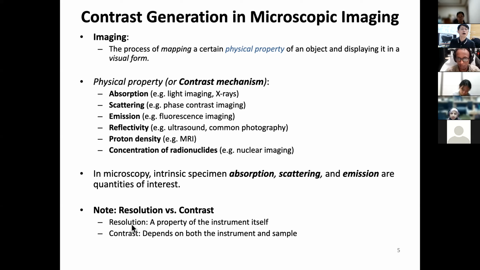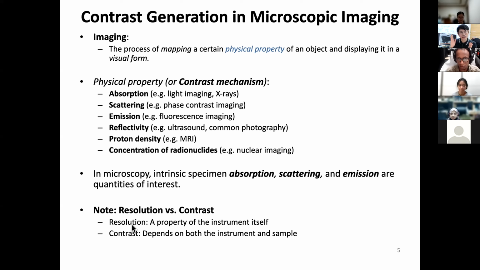So whenever you develop a new imaging technique or microscopy, you are supposed to characterize the resolution, either spatial resolution or temporal resolution. It can be lateral resolution, or axial or three-dimensional resolution. That only depends on your system.